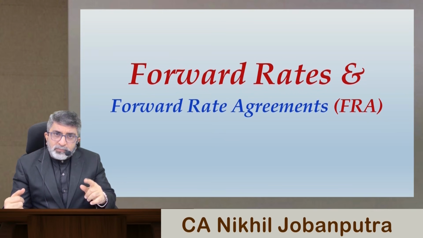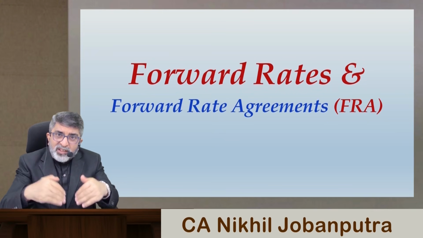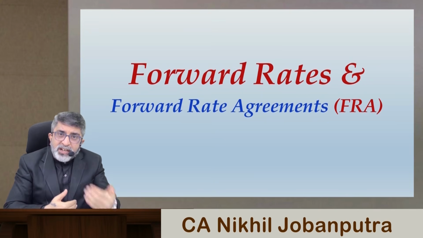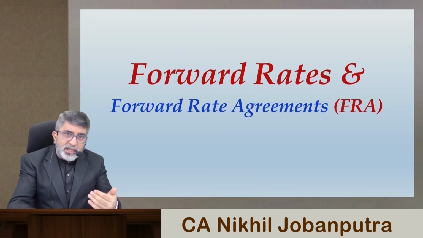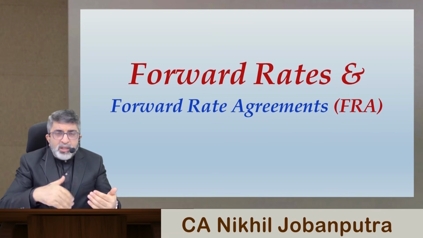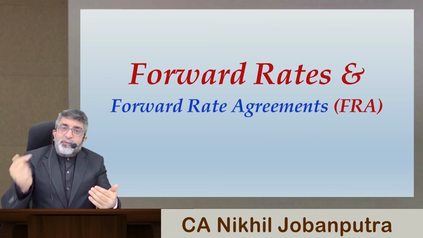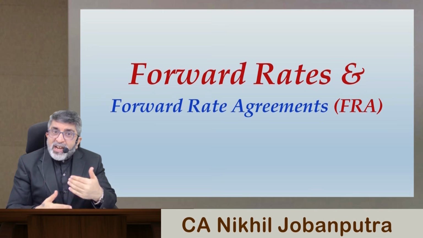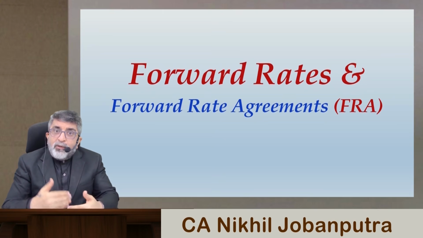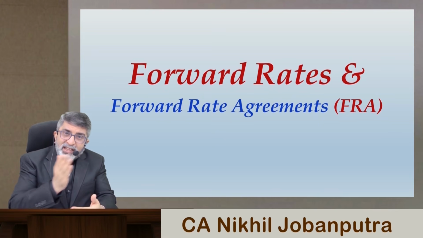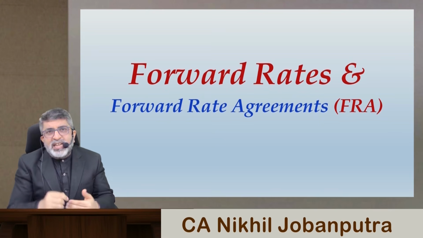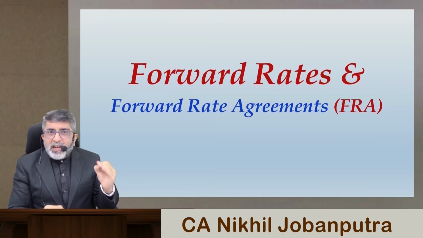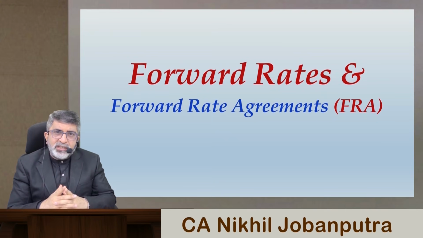When I say a rate which is agreed today, it means you have entered into an agreement with a counterparty. If you are borrower, the counterparty will be lender. If you are lender, the counterparty will obviously be borrower. So you are entering into an agreement for borrowing or lending at a later date. That agreement is called FRA, forward rate agreement.